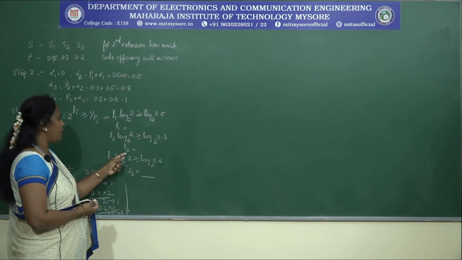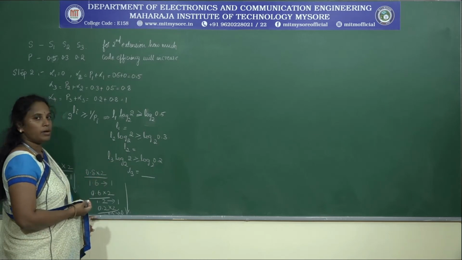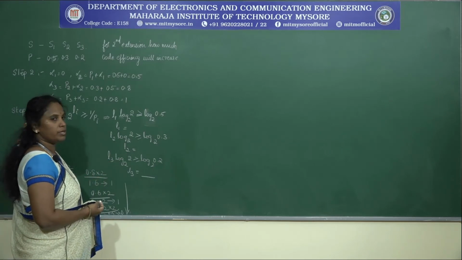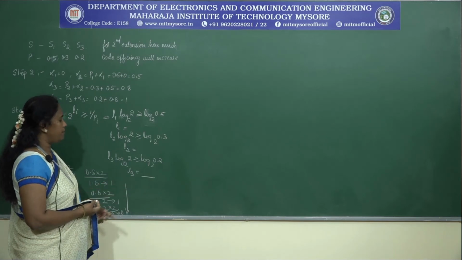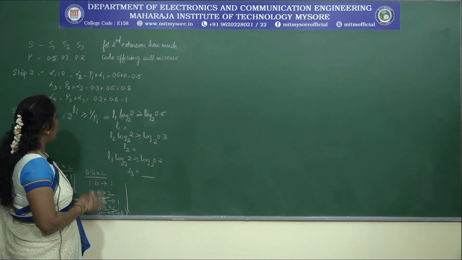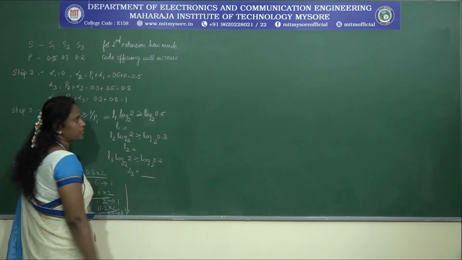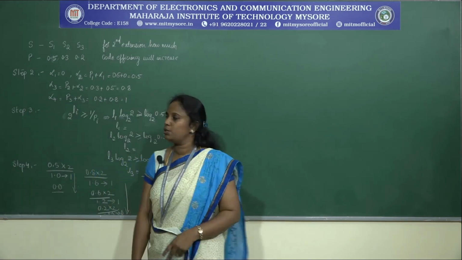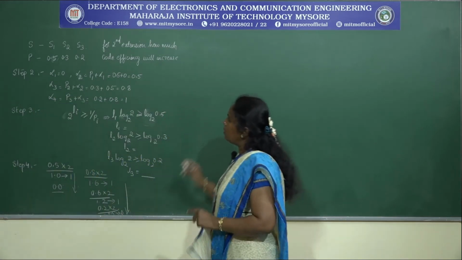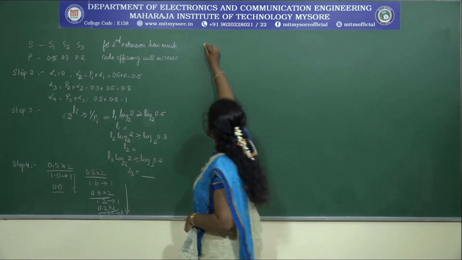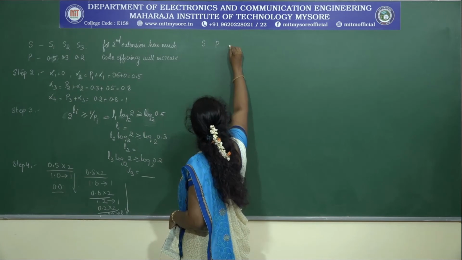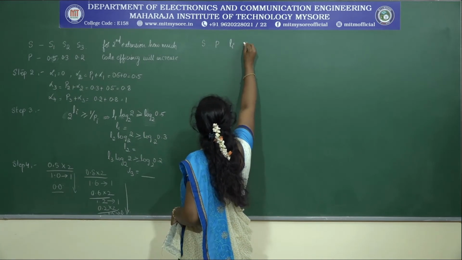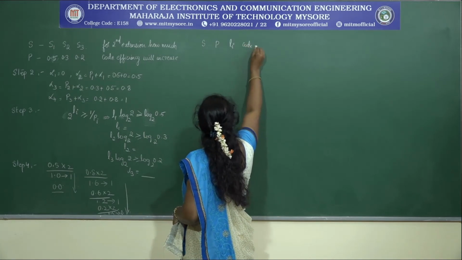Here also, depending upon the L2 value, you continue up to that number of decimal places, and similarly for L3. Once you compute the sequences, that is the conversion from decimal to binary, you write a table with the source symbols, then the probabilities, then the length, and then the code word.